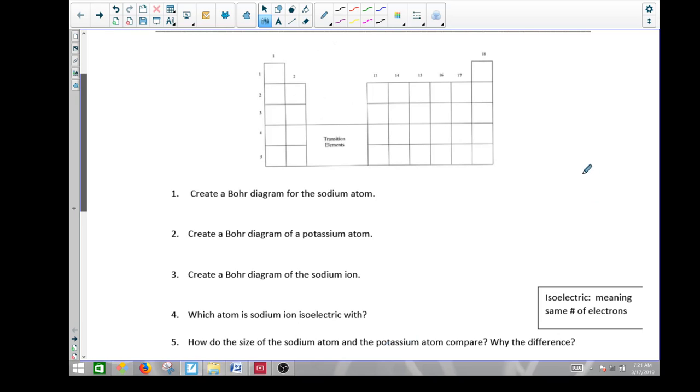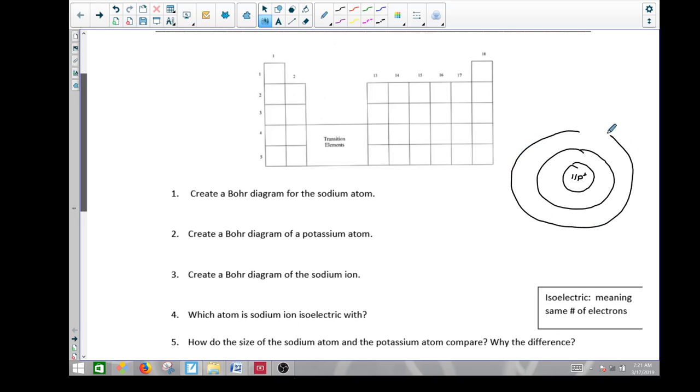If you want to, you just put, say, 11 protons, and then 1, 2, and 3 energy levels. How you draw these is up to you, but 1, 2, 3, 4, 5, 6, 7, 8, 9, 10, 11.